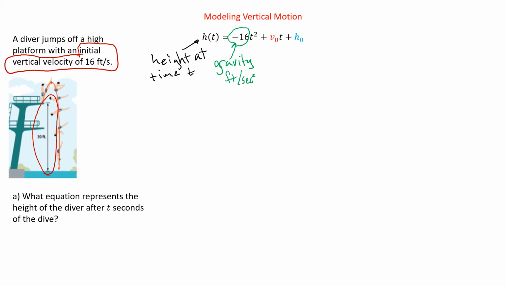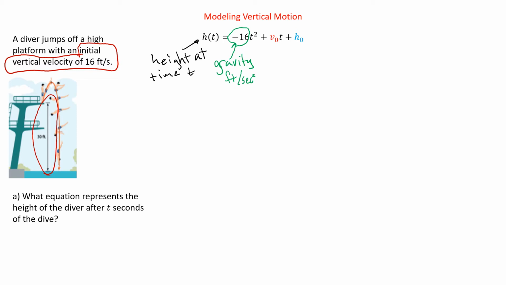That would be meters per second squared. We're sticking with feet for this lesson, but just know that that could change. If you were on a different planet with different gravity, that number would change. But for Earth, we've got negative 16t squared.